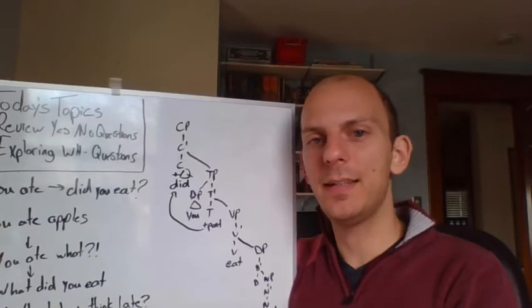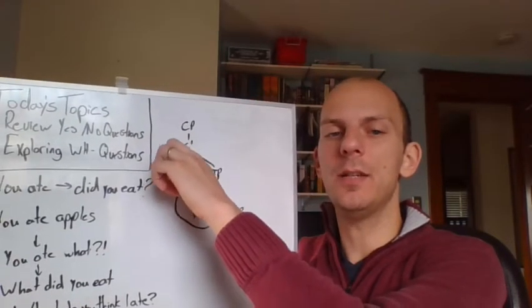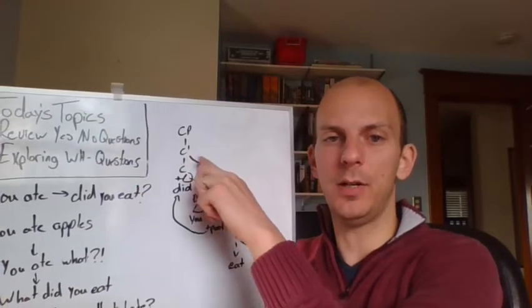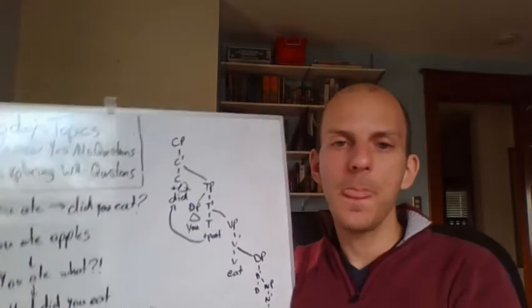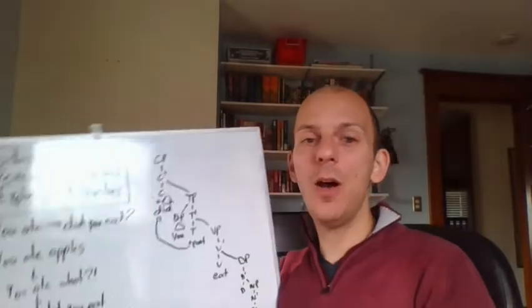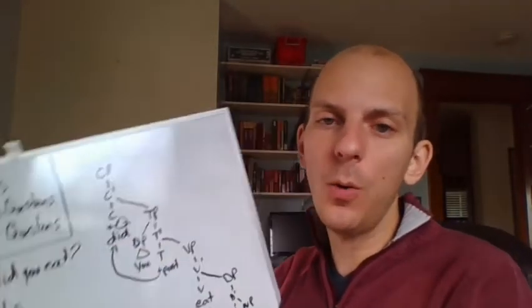And what position is that? It's the specifier of TP, spec TP. Note that we have a conspicuous absence right here. C bar has branching, this is a head, but spec CP we literally haven't done anything with until now. And now what we're going to do is find that spec CP is the home for WH question words. So we're going to add a little bar. I'm going to do a little bit of erasing to give myself some more room to make this more clear.